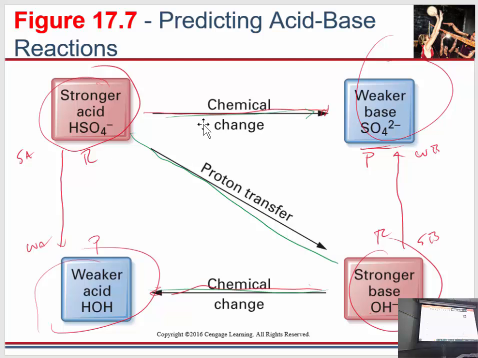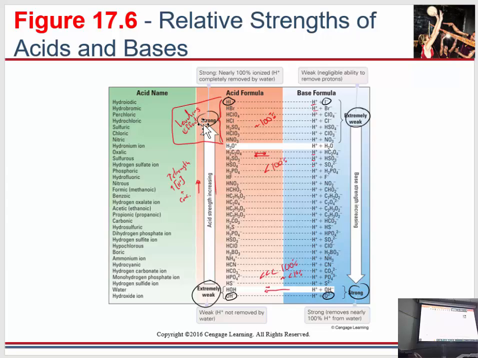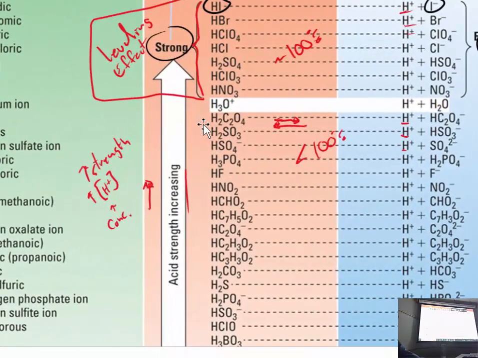And so HSO4 minus, what we can say as far as chemical properties go, HSO4 minus reacts with any base stronger than sulfate, SO4 2 minus. And so let's see on this chart here where that puts us.